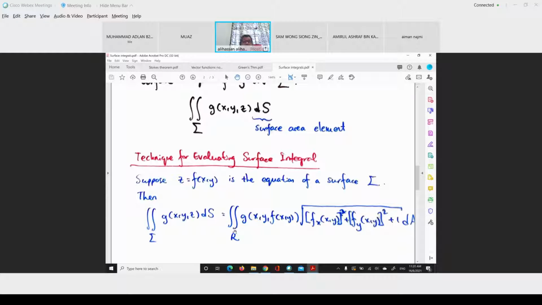So this is a double integral over the region R on the xy plane.